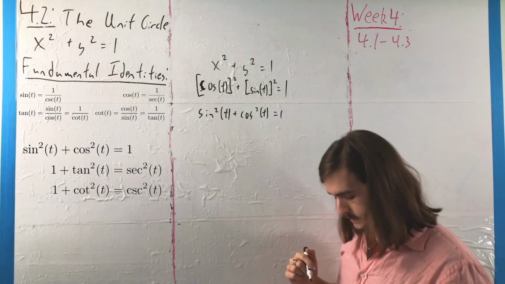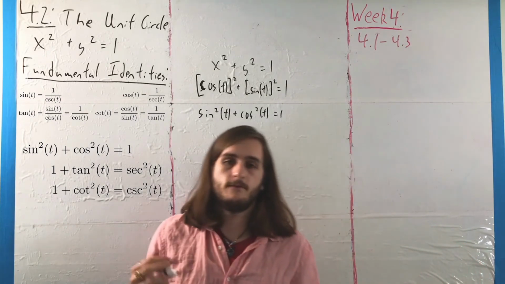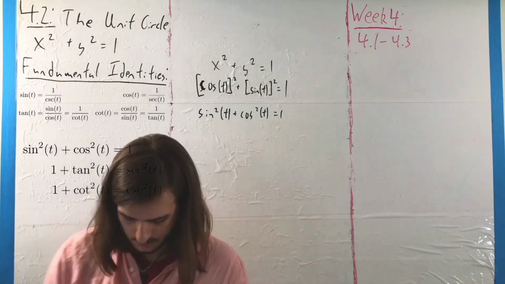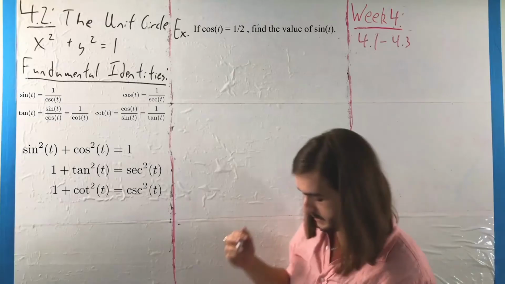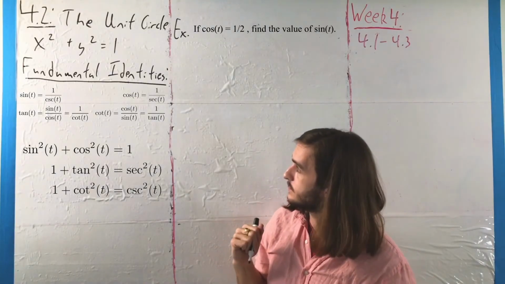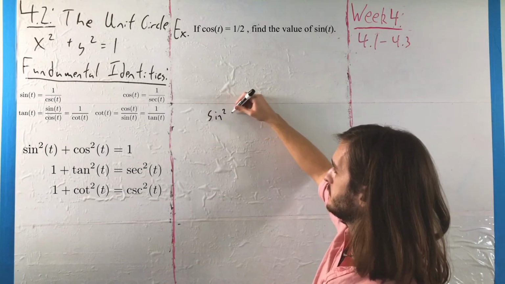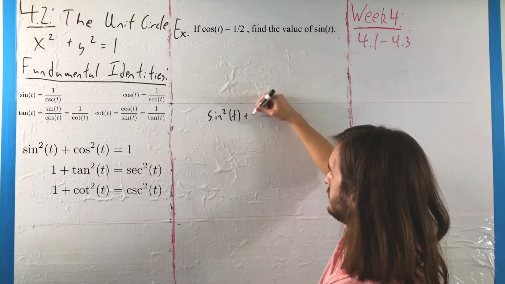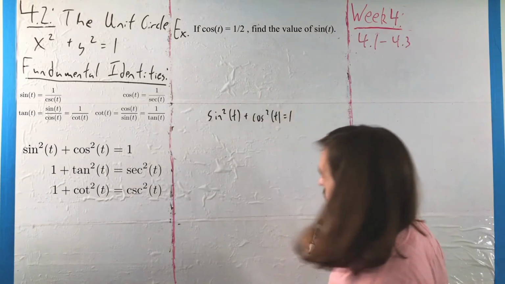Where from here, what we can do is use this to find some specific angles. So for example, let's say that if cosine equals 1/2, we want to find the value of sine. What we can do is use that first piece of the Pythagorean identity, where we have sine squared of t plus cosine squared of t equals 1.